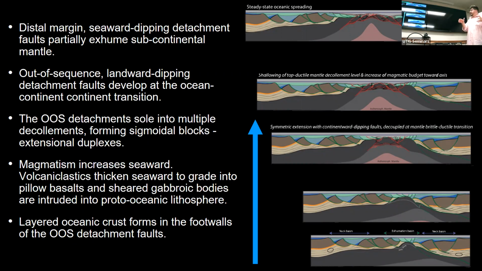They form these anastomosing shear zones, and since magmatism is increasing as you move seaward, in the footwalls of these out of sequence detachment faults, you form layered oceanic crust. Here's the drawing that my collaborator Manatschal made, showing that exact process. You're going from this asymmetric crustal detachment fault system to this mostly symmetric system that produces seafloor spreading.